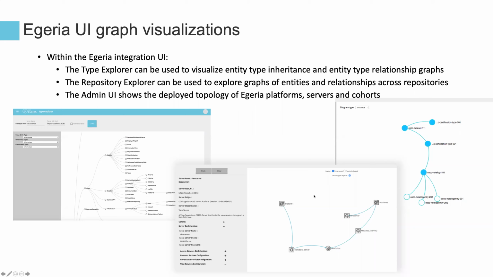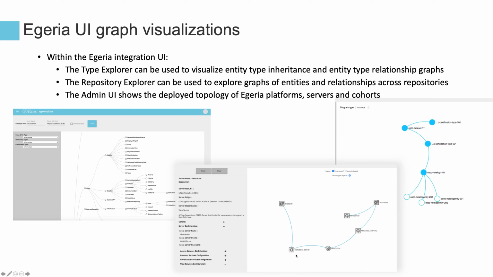And then the picture in the middle is something I'm working on at the moment, which is an admin UI. This really shows you the deployed topology of Egeria platforms, servers and cohorts. What this is showing is that in the topology that I ran this against, there are two platforms, which I imaginatively called Platform 1 and Platform 2.